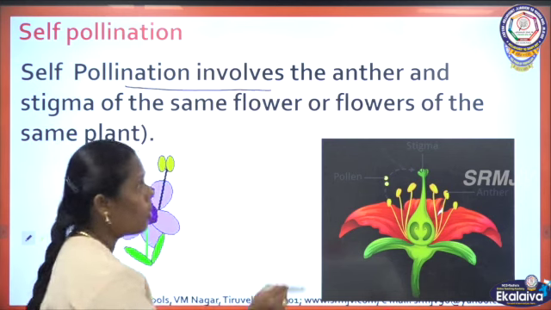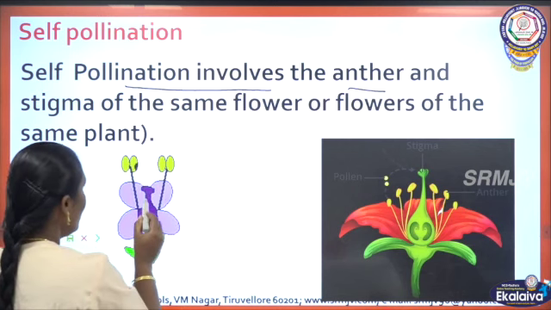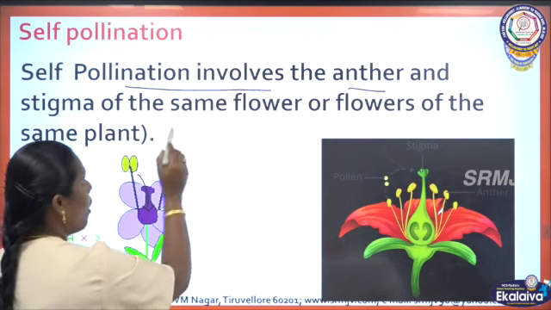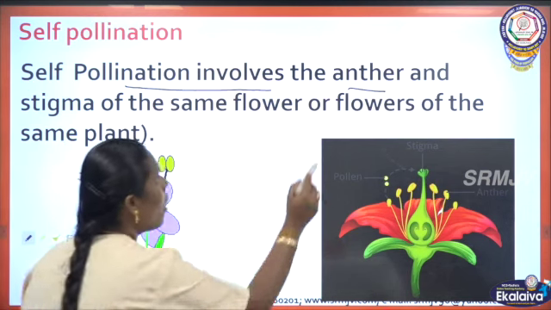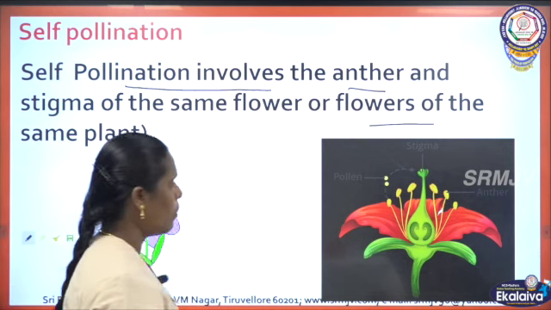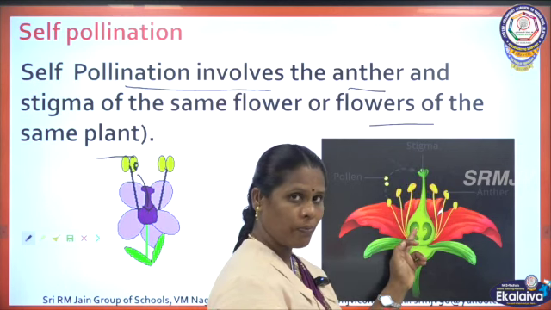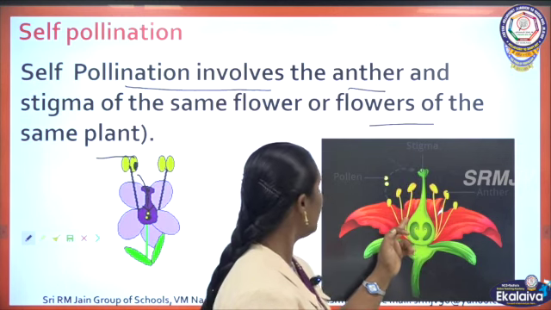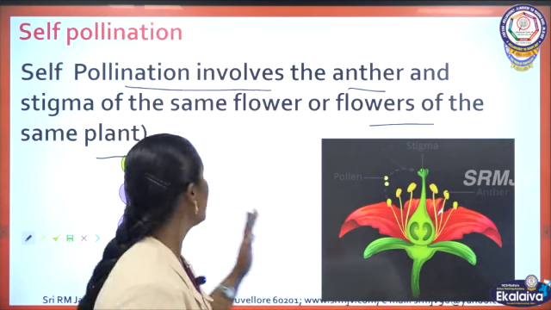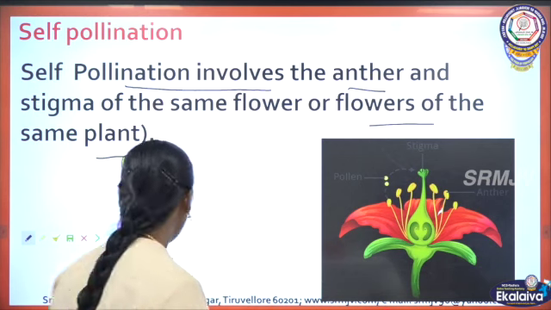Self-pollination involves anther, this is anther, to the stigma of the same flower or flowers of the same plant. The pollen grains transfer into the carpel or pistil, and enter into the ovary. So, that is called self-pollination in the same plant, right.